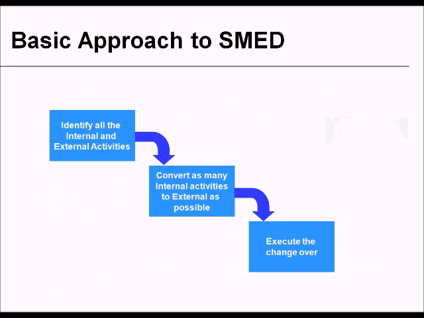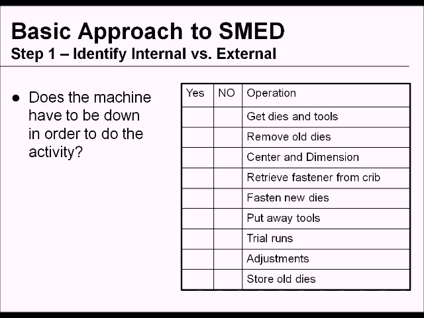So the basic approach was to identify all of those activities and label them internal and external. Then the goal is to convert as many internal things to external as possible, and then, of course, execute the changeover. To do that, it's real easy.